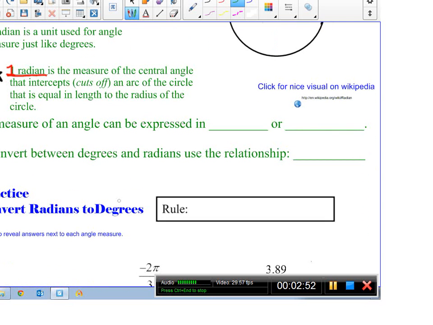So the measure of an angle can be expressed in degrees or in radians. And what we're going to learn to do today is to convert between the two. You saw in the graphic on Wikipedia that what we would refer to as 180 degrees was equivalent to pi radians.